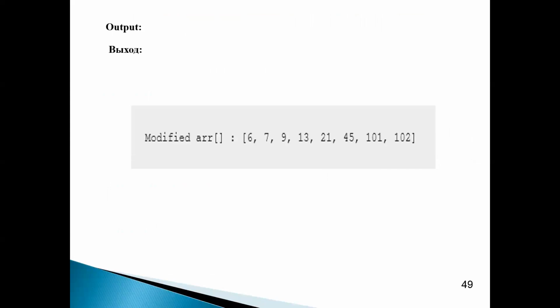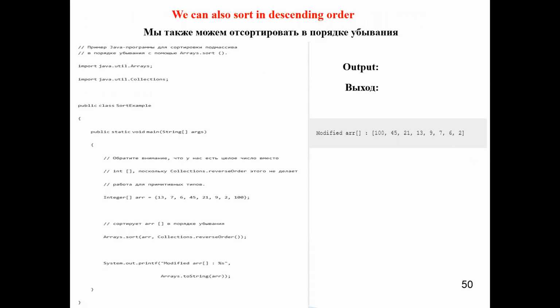Output, we can see the modified array. We can also sort in descending order. Okay, and we have output, the modified array. The programming code is located on the left.